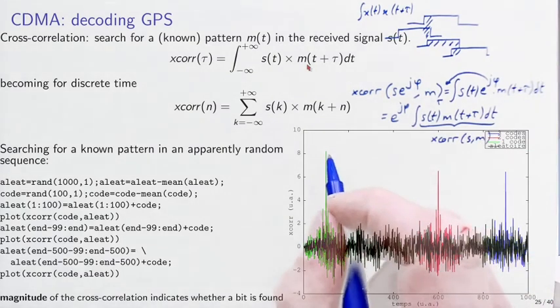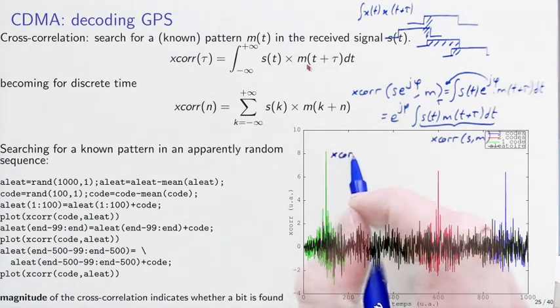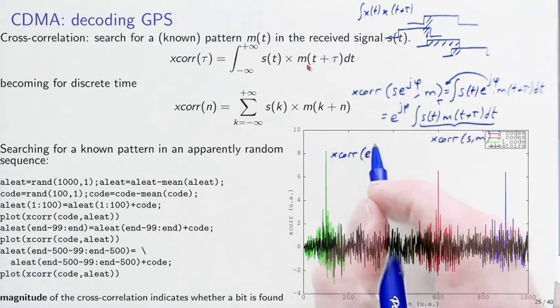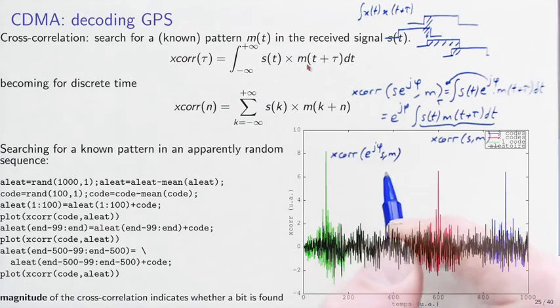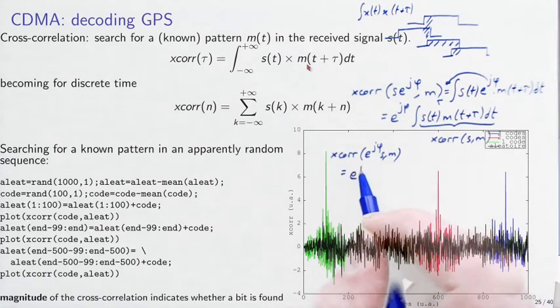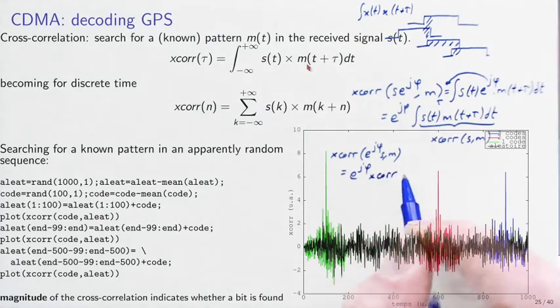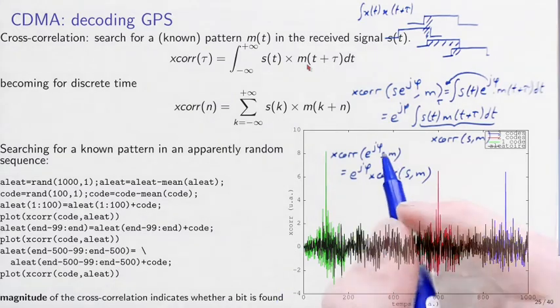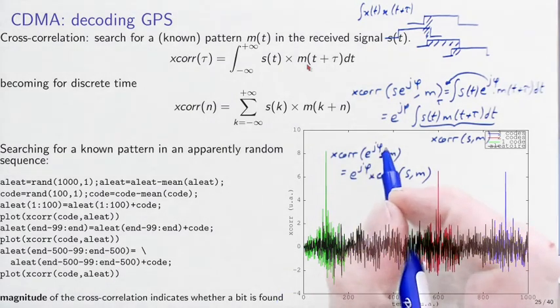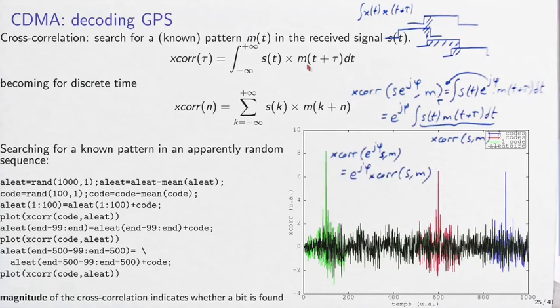So the conclusion is that the correlation of exponential of j phi s and m is equal to exponential j phi times the cross correlation of s and m. So this means that whatever phase has been introduced during transmission will be recovered at the output of the correlation. And this will allow us to recover the phase information that was transmitted by the satellite as we are running the local copy of the pattern.